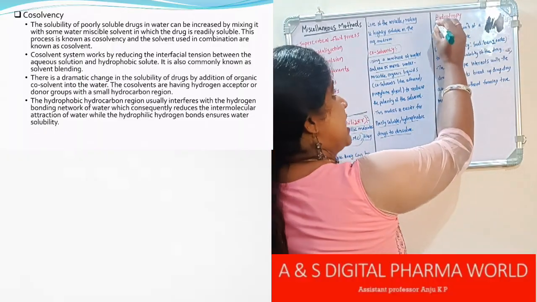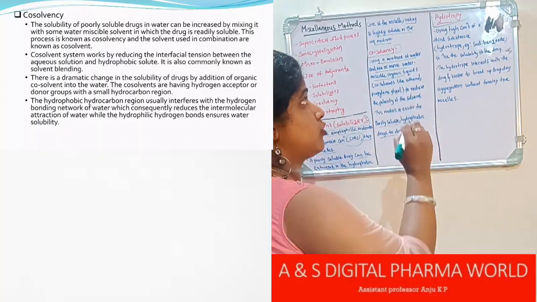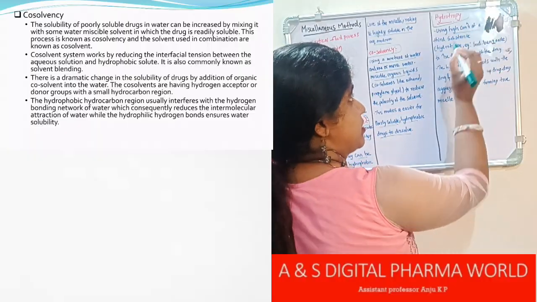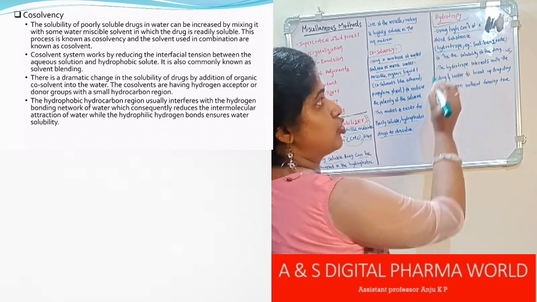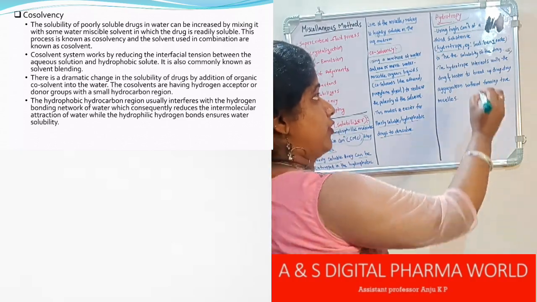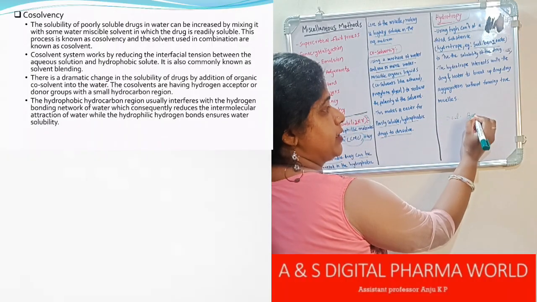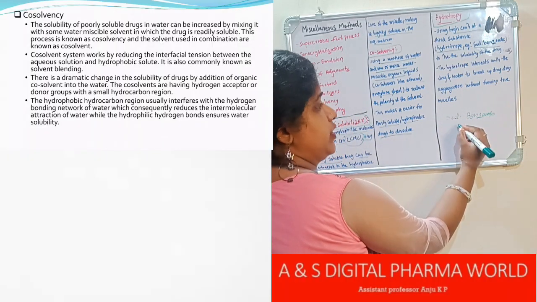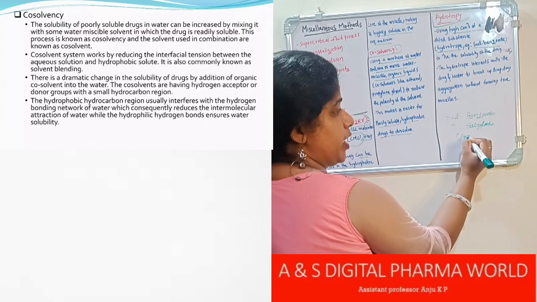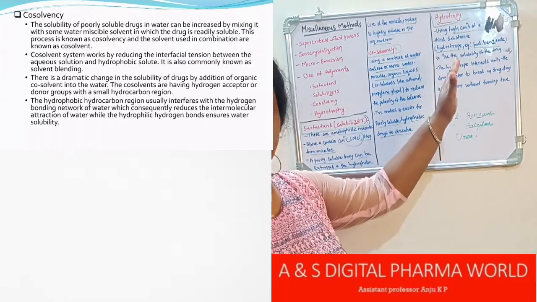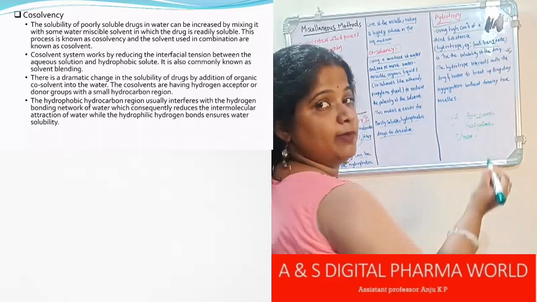The last one is hydrotropy. What does hydrotropy do? It uses a high concentration of a third substance, called a hydrotrope. For example, sodium benzoate, sodium salicylate, and urea are hydrotropes. The hydrotrope will increase the solubility of the drug.